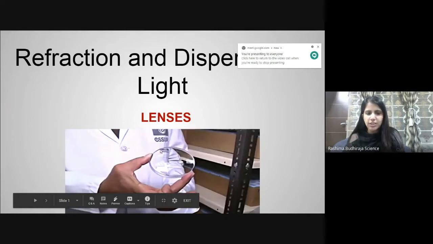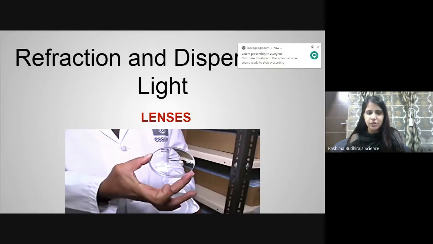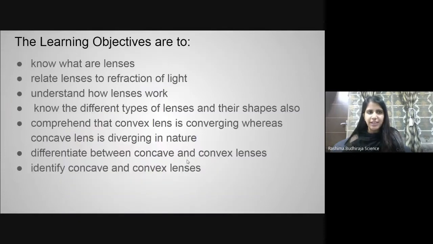We are going to understand what are lenses and also know the different types of lenses. Let me tell you the learning objectives of this topic, Introduction to Lenses.